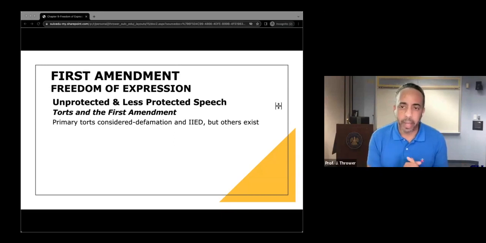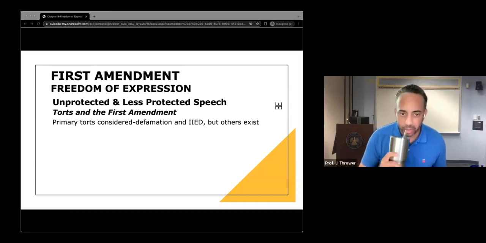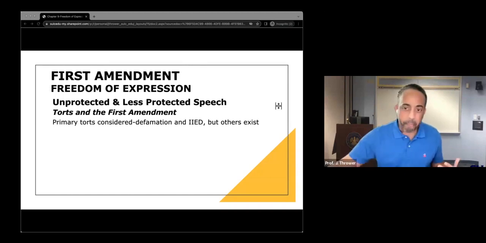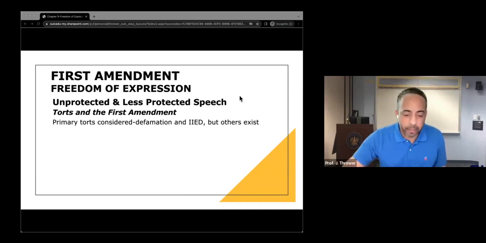So the court balances these First Amendment concerns against the rights of the plaintiffs when evaluating who can sue successfully and under what circumstances. So how then does the court balance these concerns, right?